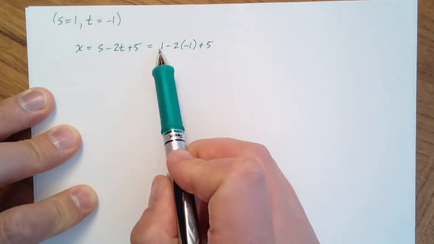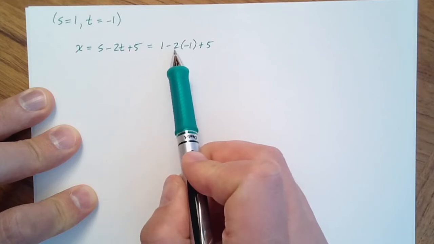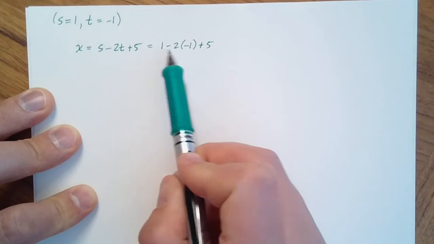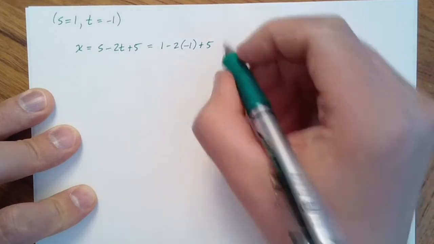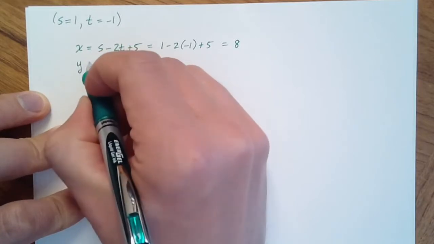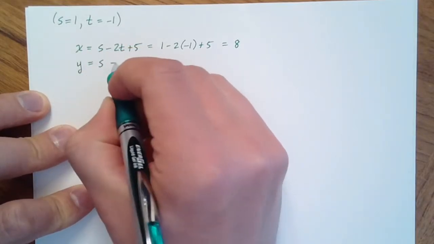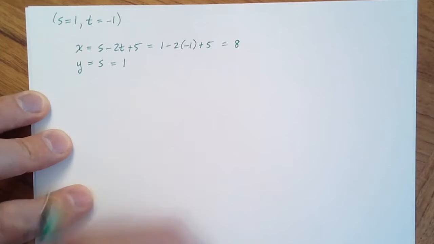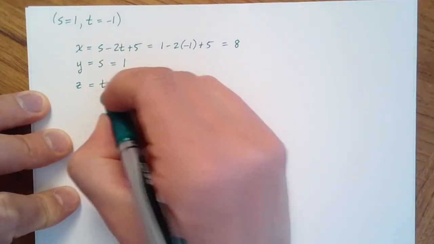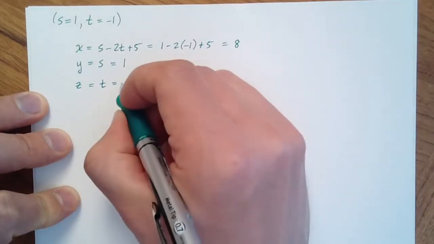This would be 1 plus 2 plus 5, so that would give you 8. And then y, well, y was equal to s, right? So y is actually going to be equal to 1. And z was equal to t, and our choice of t here was -1.